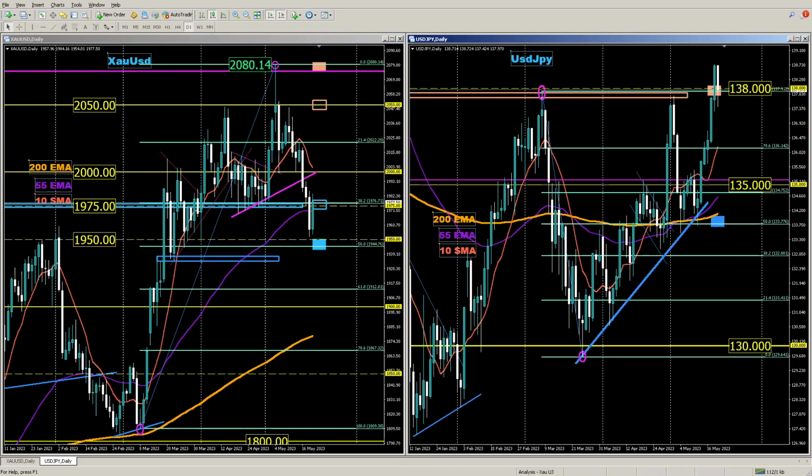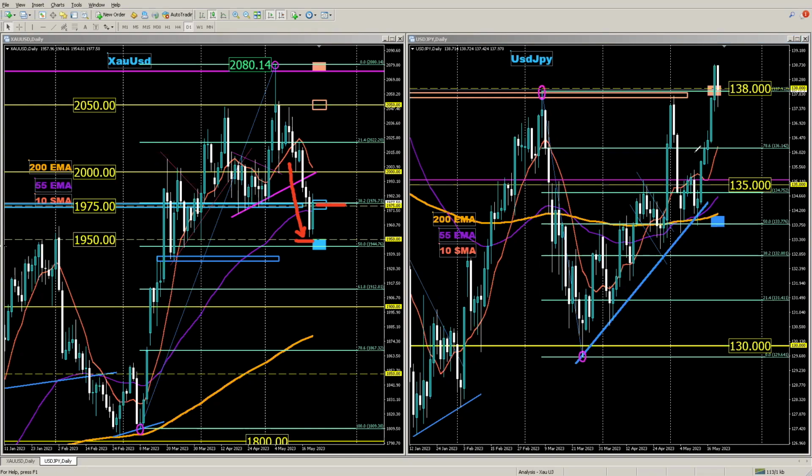As we look across the two inversely correlated pairs, spot gold has driven lower, weakening down to almost hit the 1950 support level before bouncing back up to close at the 1975 area.